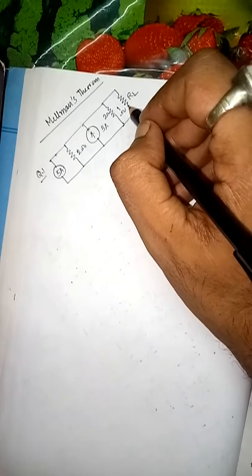You have to find the current through this RL using Millman's theorem.